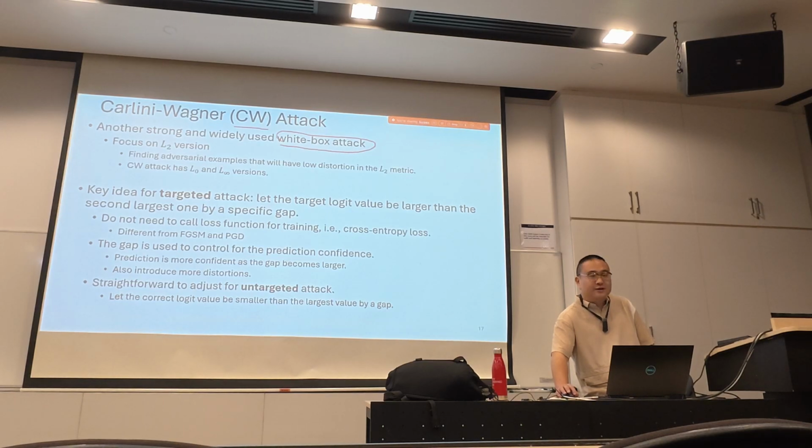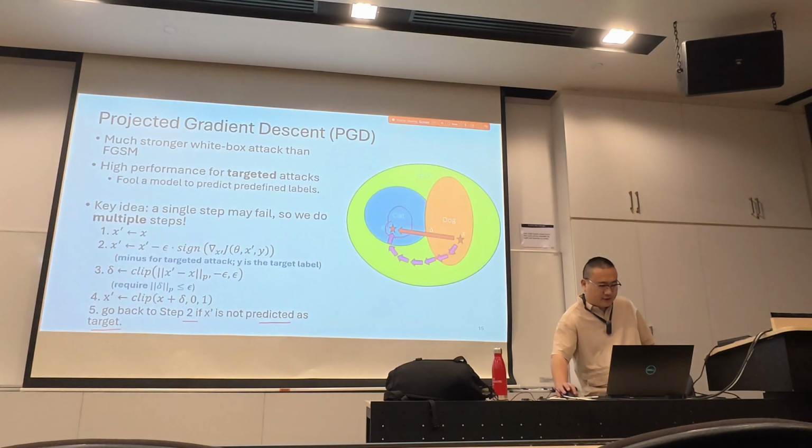Here for the CW attack, we focus on the L2 norm version. In this setting, we will constrain the perturbations using the L2 norm. Previously, when we generated the PGD attack, we had the choice of the Lp norm. The p can be L1 norm, L2 norm, so we have that choice for the PGD attack.